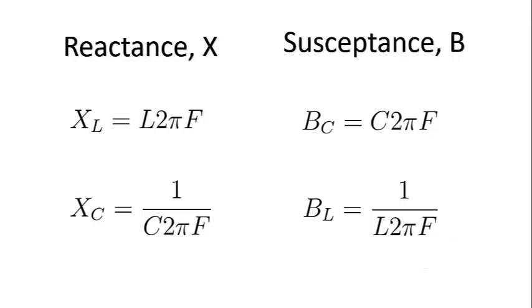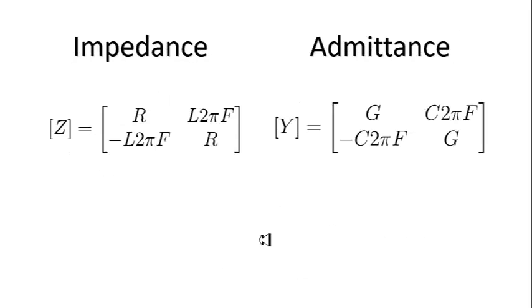And so you can put those directly into the equation. Instead of writing inductive reactance, you can plug the equations in, and this is what they look like. So if you want to calculate impedance, you plug this equation in here, you plug in your resistor parameter in here, and you get the impedance. Same with the admittance: you could plug the capacitive susceptance into the backward diagonal and put conductance on the forward diagonal, and you've got the admittance.